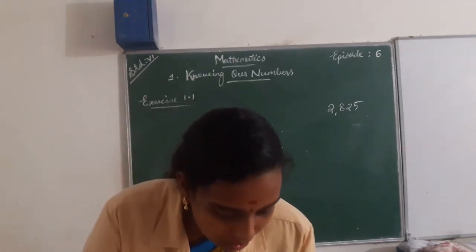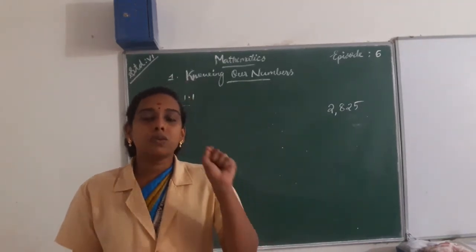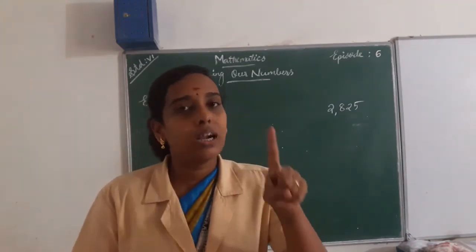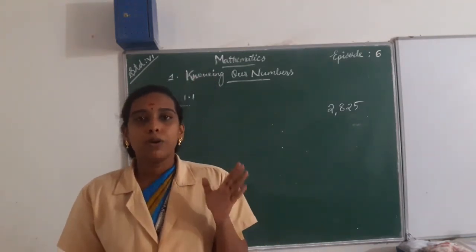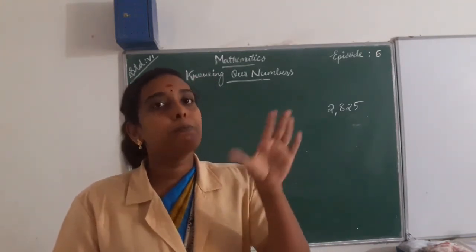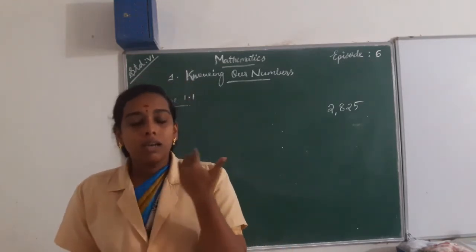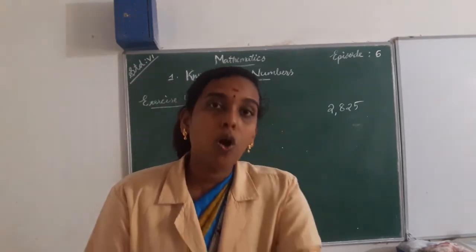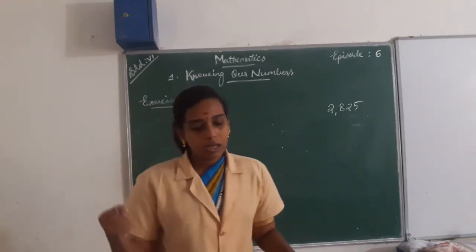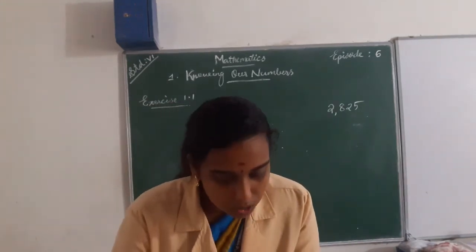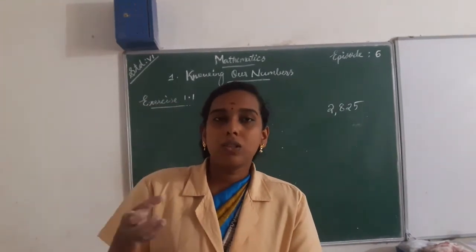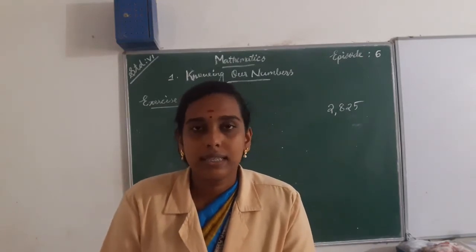Here one clue is given, that is the number of screws produced in one day, or per day. We want to find the number of screws produced in the month of January 2006.